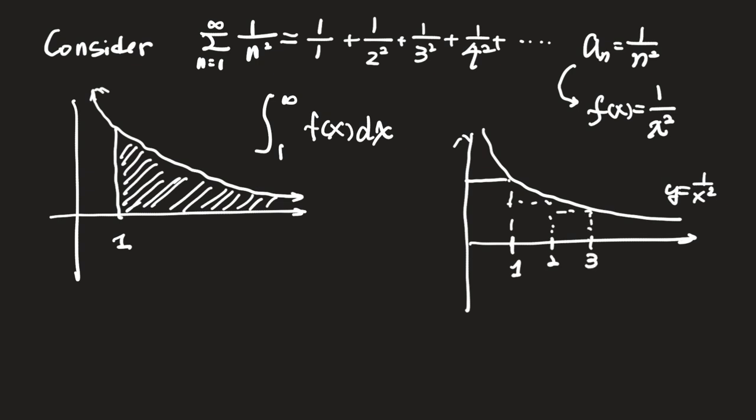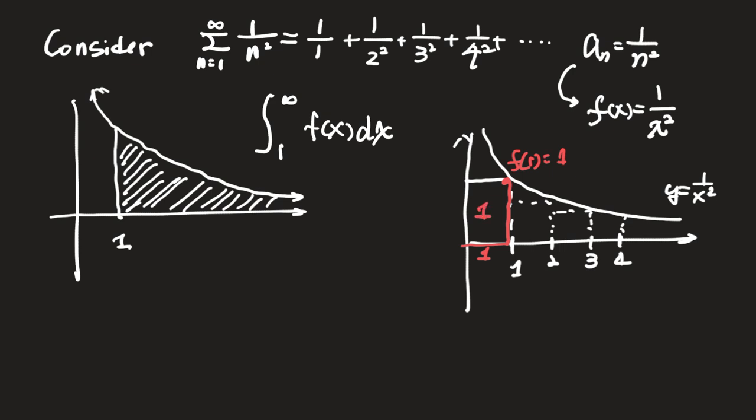I'm going to make a third rectangle below the graph. 4, keep going. First, find the first rectangle. The base is 1, and the height is the y value when you plug in 1, which is f(1), that's 1. So this area is 1 times 1, which is 1.